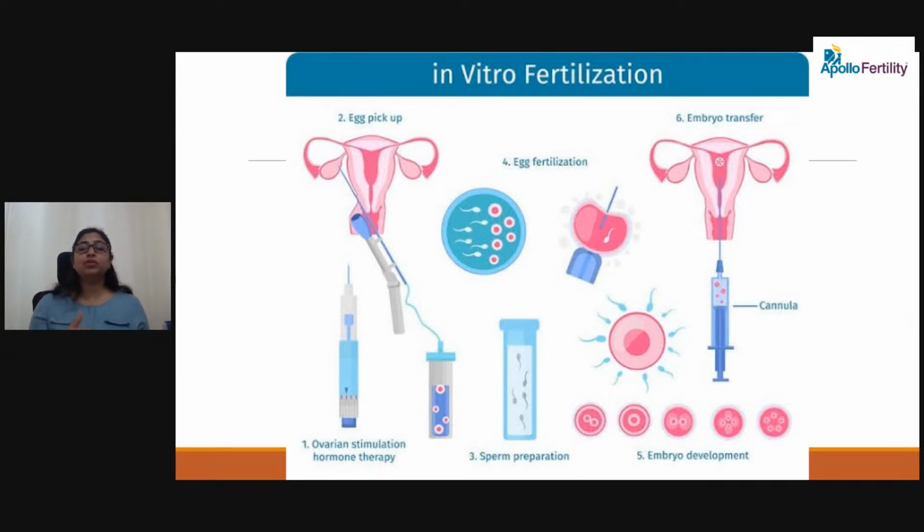And if they are going for any treatment, it also has an impact, because if the weight is less, lower doses of the injections are required, and they have a better response to whatever treatment we are giving. And we also find that the success rate of test tube pregnancy is better.